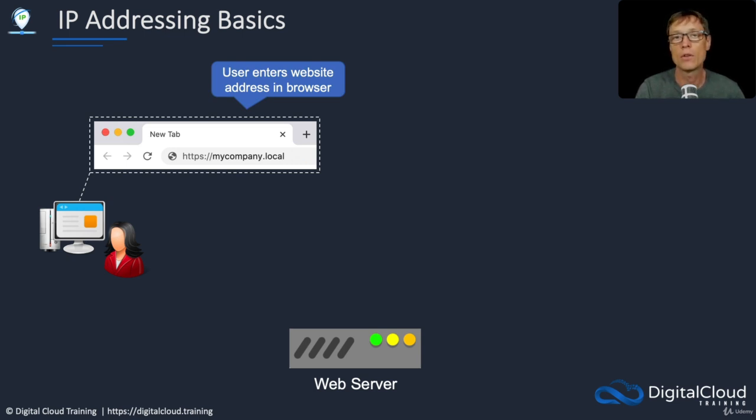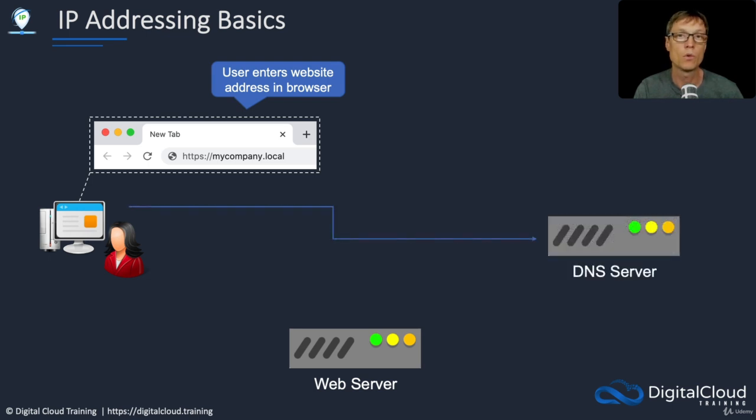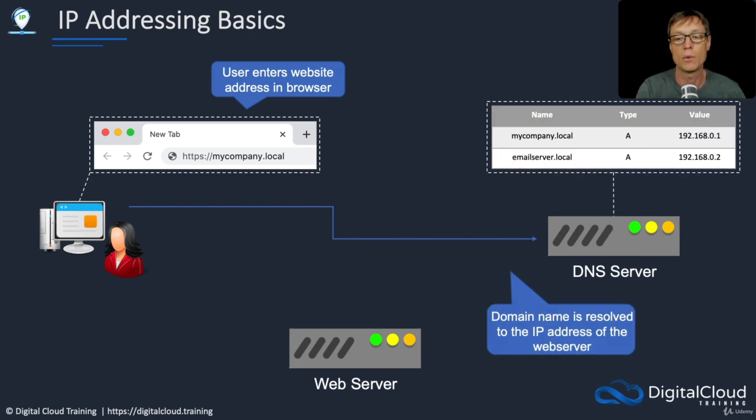Now, this is the same concept on the internet as well, where you might put in Microsoft.com, Amazon.com, wherever you're going. Now, when you do that, your computer will talk to something called a DNS server. That's a domain name system server. The DNS server is responsible for providing the IP address that corresponds to that domain name.